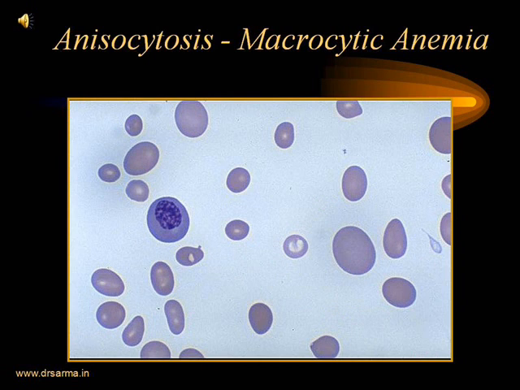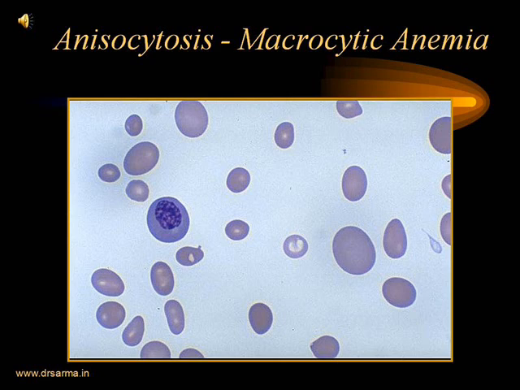Another important feature of macrocytic anemia is that the cells are of different sizes. See, some of the red cells are small, some are quite big. This is what is called anisocytosis. Normally, we see all the RBCs are around 7 to 8 microns.